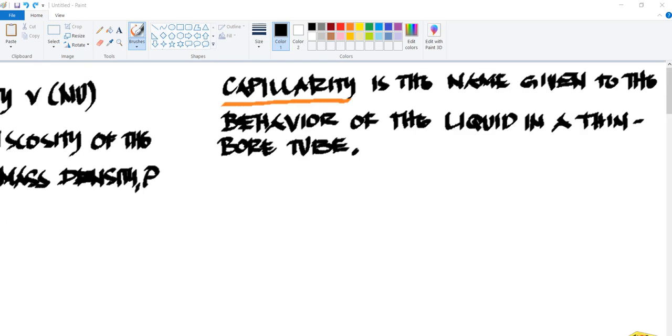Next, we're going to tackle capillarity, the name given to the behavior of a liquid in a thin bore tube.